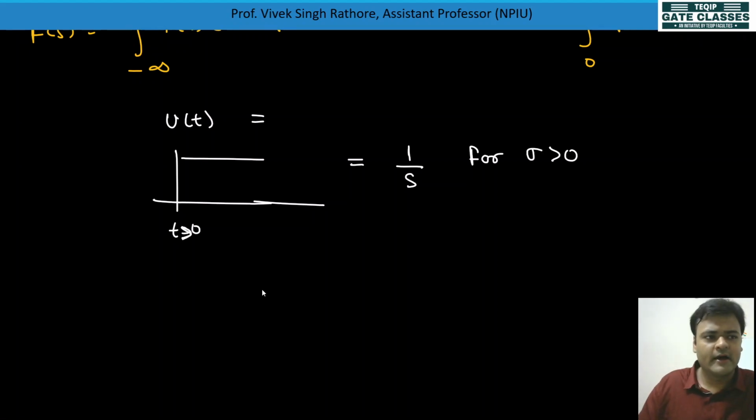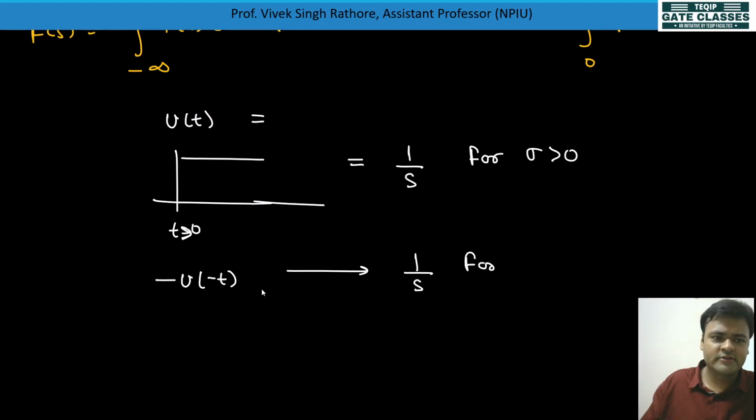Now you tell me, the Laplace transform of minus u of minus t will be 1 by s only for sigma less than 0. This we have studied earlier.